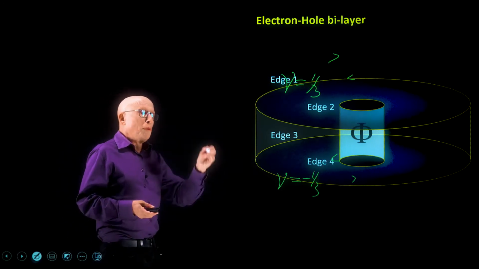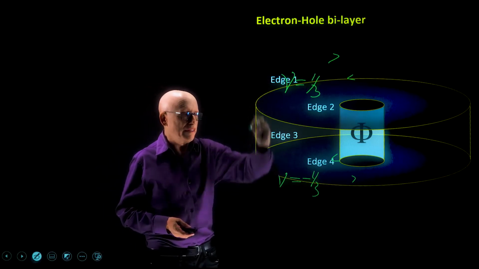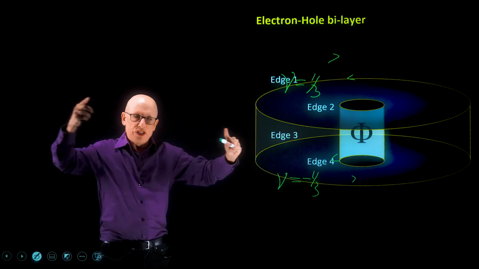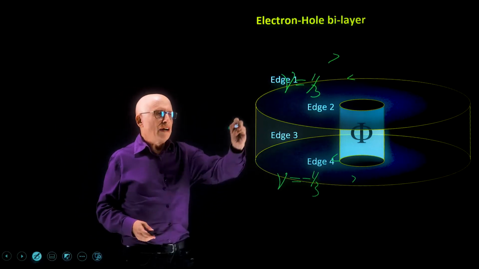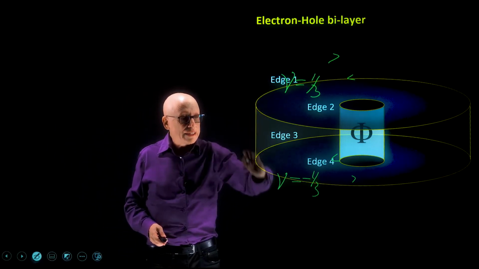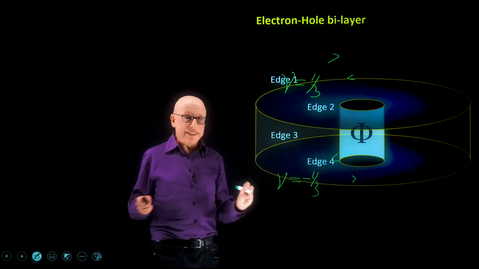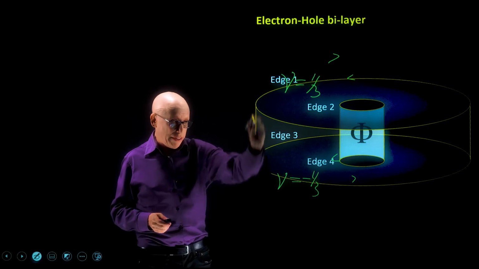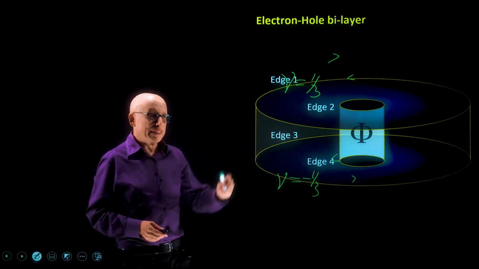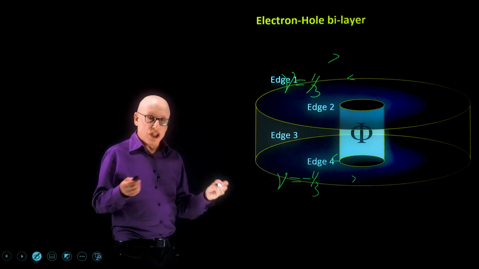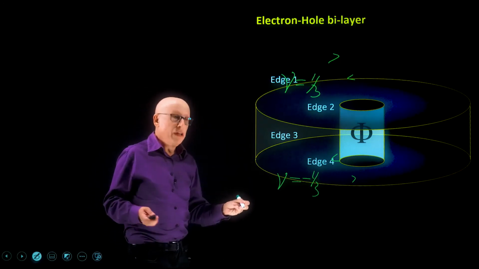Now, what do we mean when we say we couple these two edges to one another? We have two edges moving in opposite directions, and we're going to allow electrons to tunnel from one edge to the other. Of course, quasiparticles cannot tunnel from one edge to the other this way, because that would involve going through the vacuum, and fractional charges cannot exist in the vacuum.